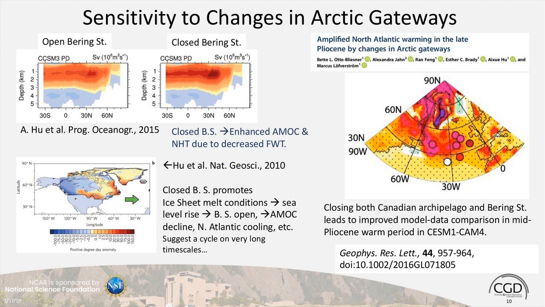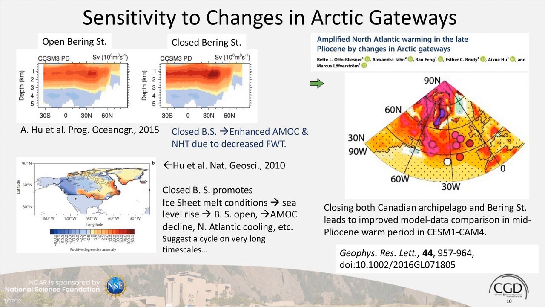He also showed in another study that this enhancement of AMOC promotes warming or melt conditions over the neighboring ice sheet margins, and suggested that this could lead to some really long-term cycle involving sea level, AMOC, and ice sheet melt, which would be very interesting to look at in coupled ice sheet climate simulations.